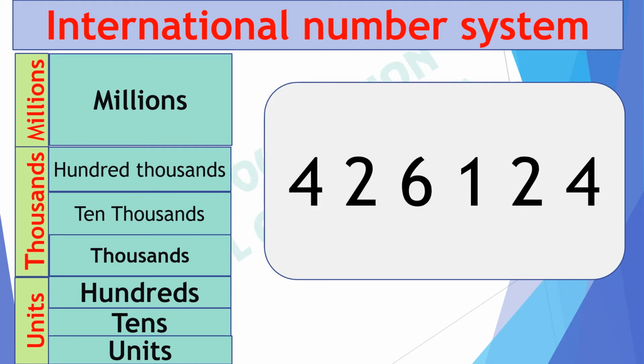It means after the three digits from the right side, it completes one period. So we will place the comma after the one period. From the right side we will count the three digits and we will place the comma after three digits.